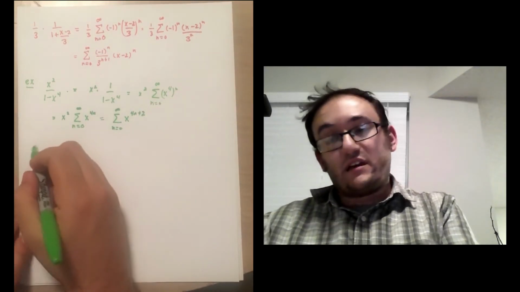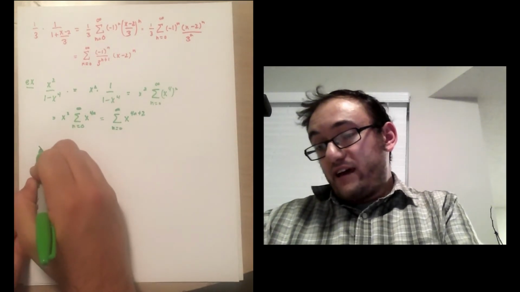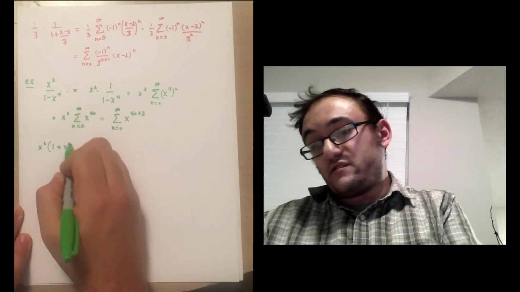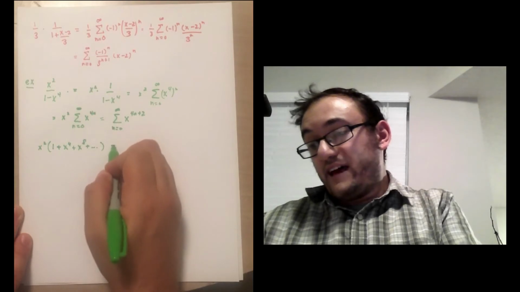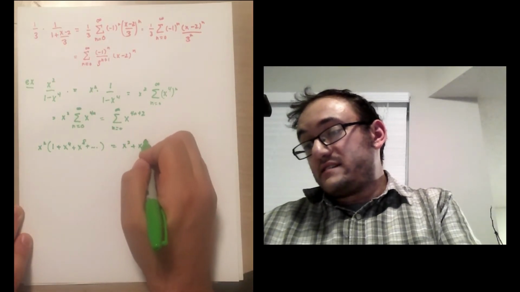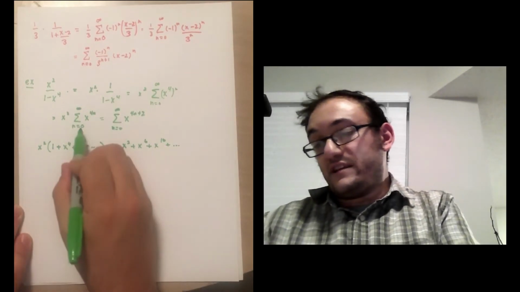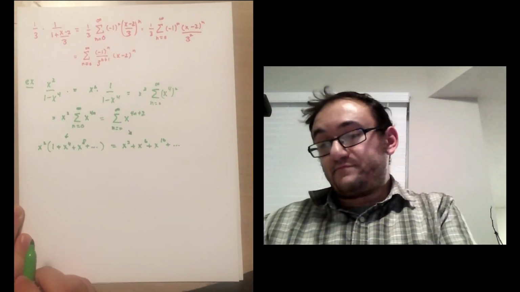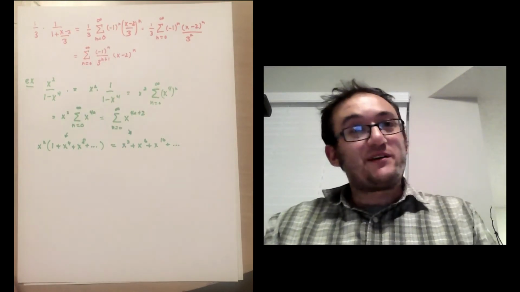Okay, if you want to see what's happening in terms of the terms of the series, here we have x squared times 1 plus x to the 4th plus x to the 8th, etc. And that becomes equal to x squared plus x to the 6th plus x to the 10th, etc. Okay, that's all that's indicated by these two sides of the expression. Okay, so that's a lot of geometric series.